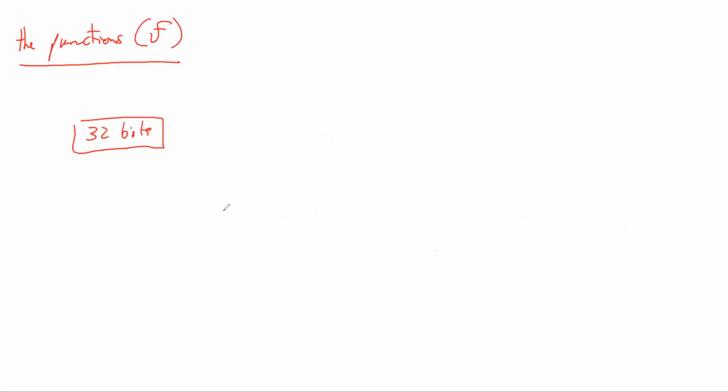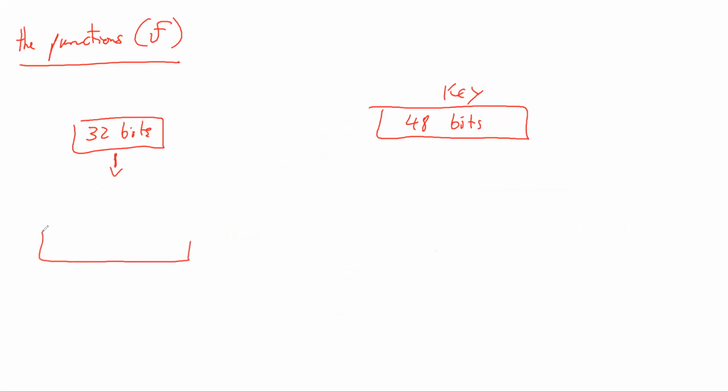Then, if I have 32 bits, I also will have a key, and the key we're going to say is actually larger, 48 bits. So you're going to need to extend the 32 bits to 48 bits because they are not the same size, so you need to make it bigger.